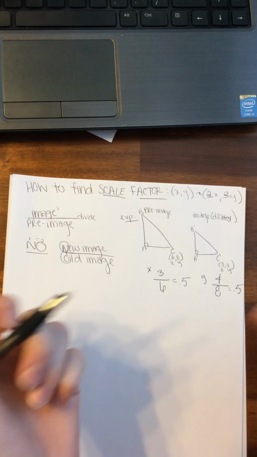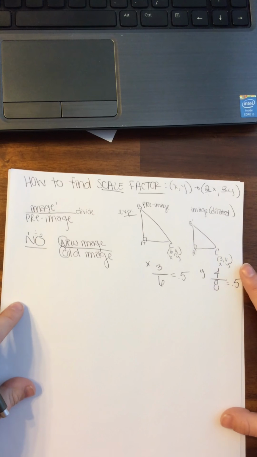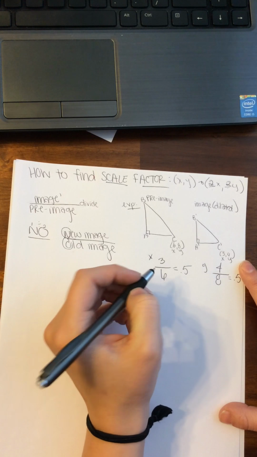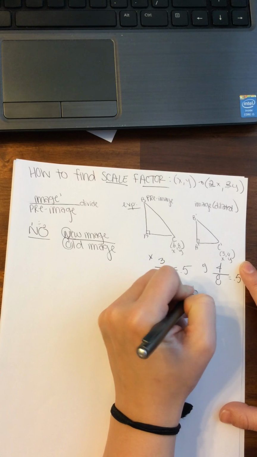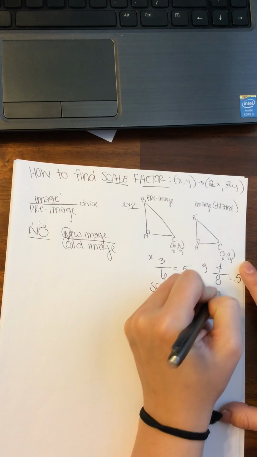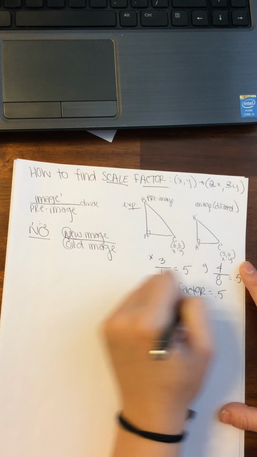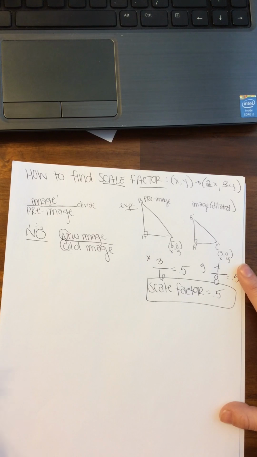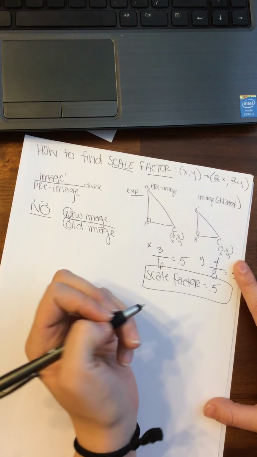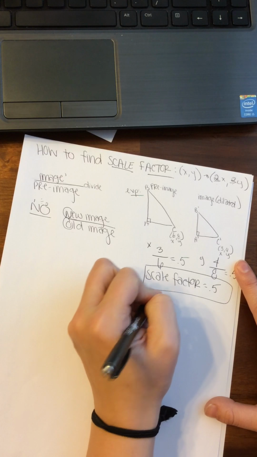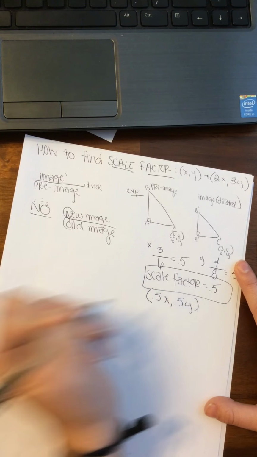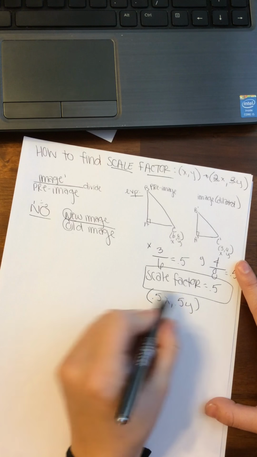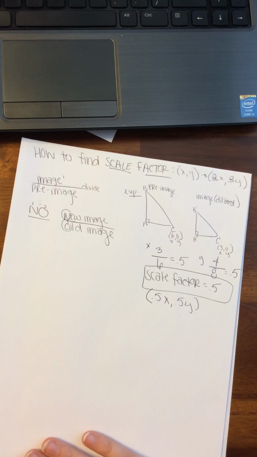So these are the same, which means I did my calculations correctly. So my scale factor is 0.5. So if I want to write this in my formula format, it would be 0.5x comma 0.5y. That's my algebraic representation. And that's it.